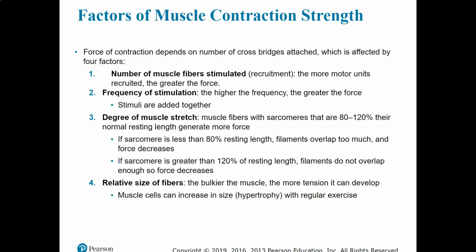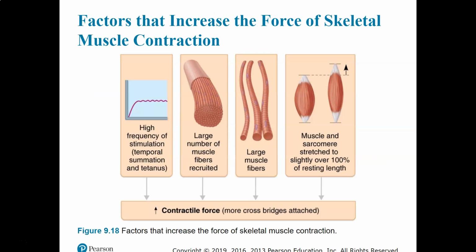Also, the size of the fibers. The bigger the muscle, the more tension it can develop. So people who tend to be stronger tend to have larger muscles. And our muscle cells can increase in size with regular exercise. So we call this hypertrophy, super growth, essentially. So when we regularly work out our muscles, they get bigger and stronger.